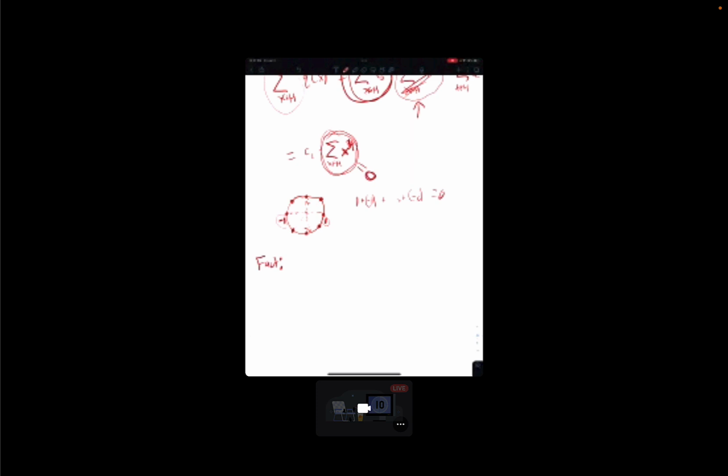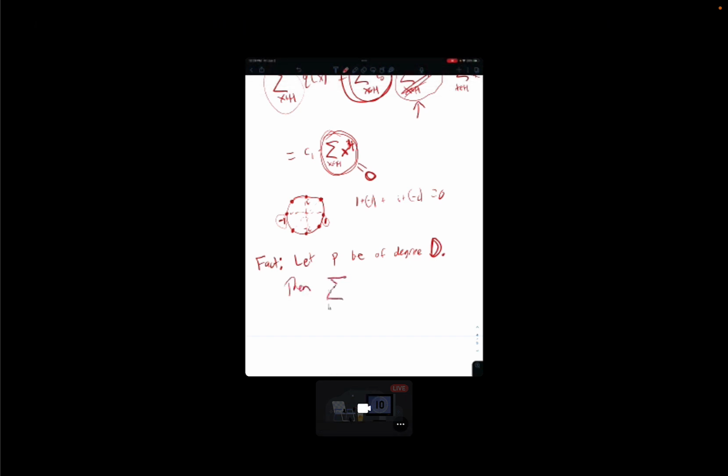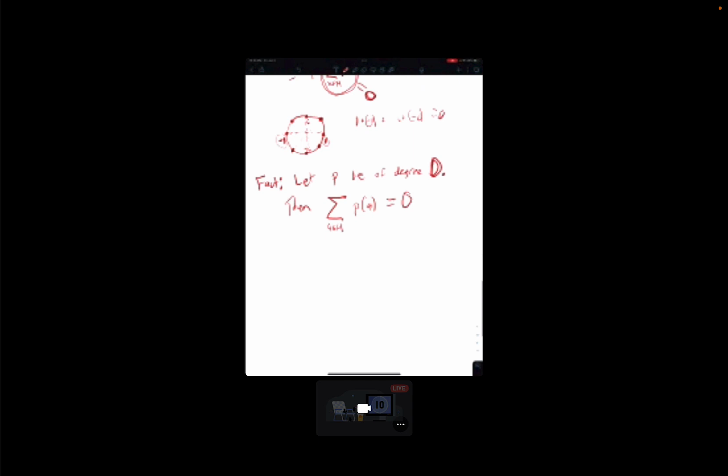The corollary is about summing up, so let P be a univariate polynomial of degree D, where D could be any degree. We're interested in summing P's evaluations over the nth roots of unity, and understanding when that sum is exactly 0.